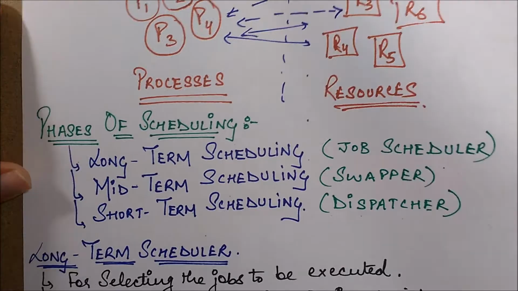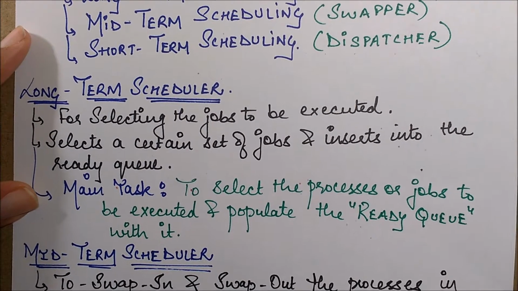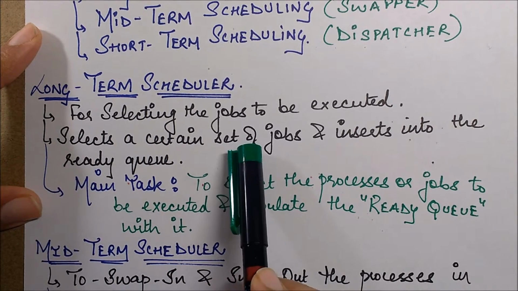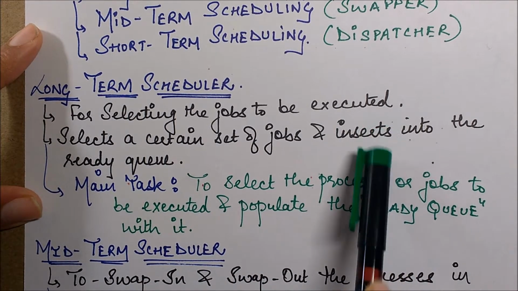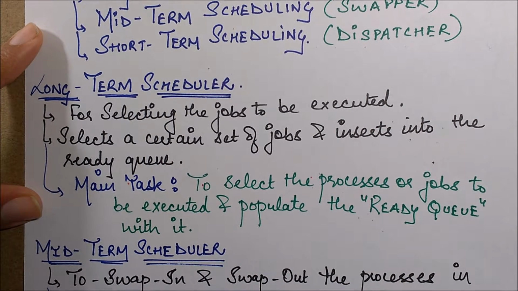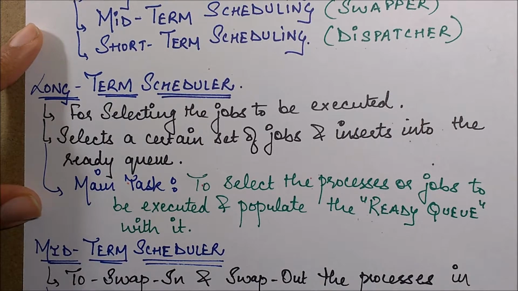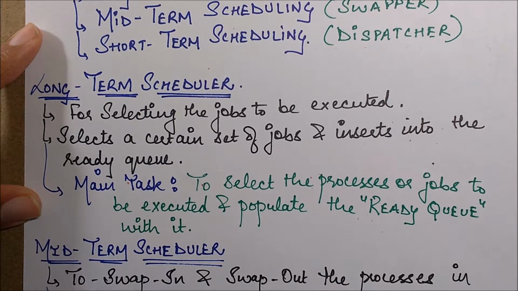So, the long-term scheduler is basically used for selecting the jobs to be executed. From your entire set of processes, the work first starts with the long-term scheduler. It selects a subset of jobs to be sent to your CPU.